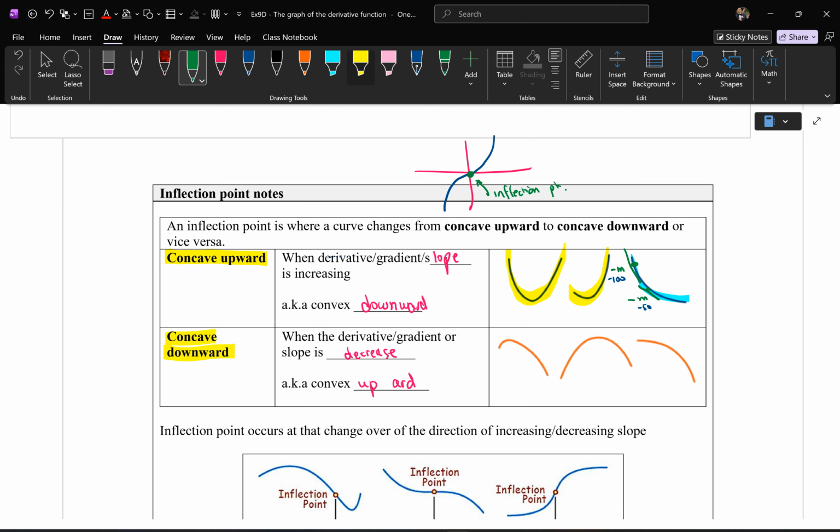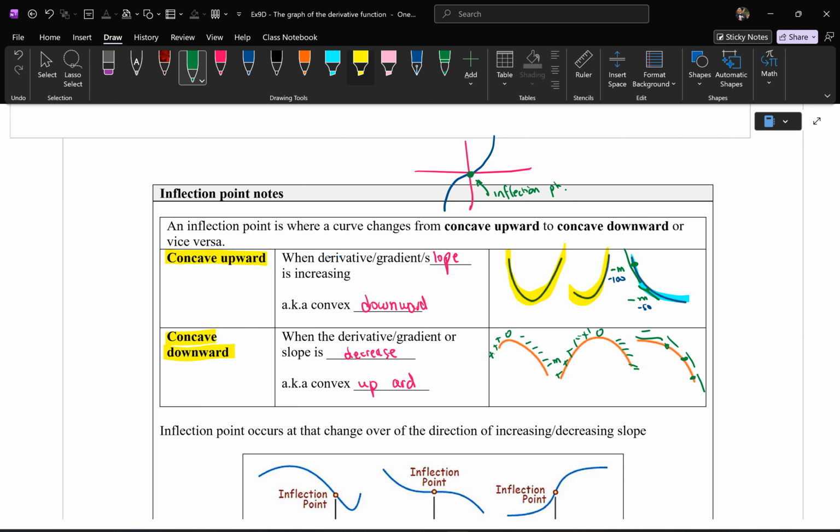If you're going from positive to negative, you can see here, positive gradient, 0, and it gets really negative. This one, yes, it's negative, but you're going from small negative to larger negative, so you're decreasing. It's getting more negative. That's called concave downwards.